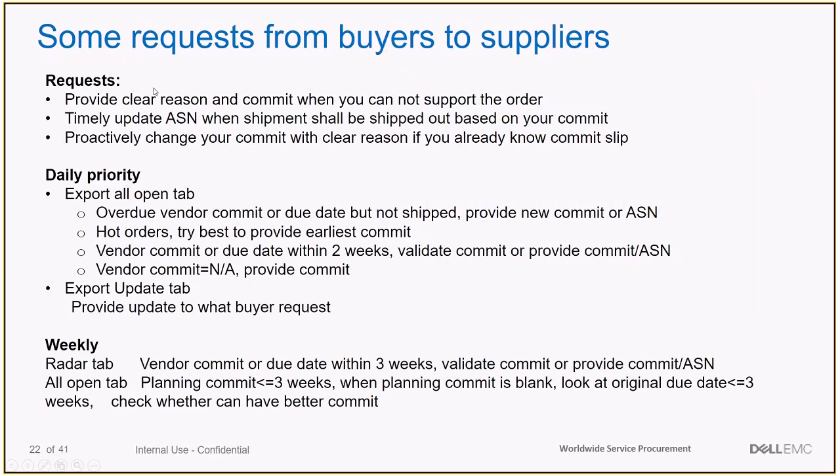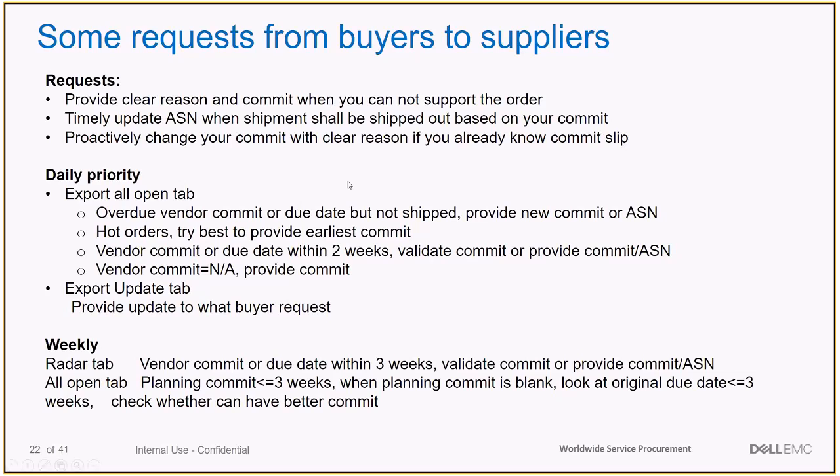For example, if you cannot support the order, please provide a clear reason. Okay, you need to tell why you cannot, or else they may go back and forth too many times, right? And for shipment, please update the ASN, advanced shipment notification, or AKI, which is the tracking number.